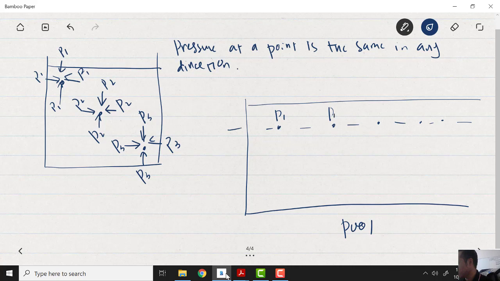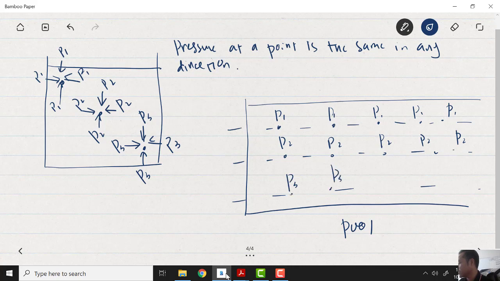Everywhere on this line is P1. We have another horizontal line, and the pressure here is P2. And for another one, we have P3.